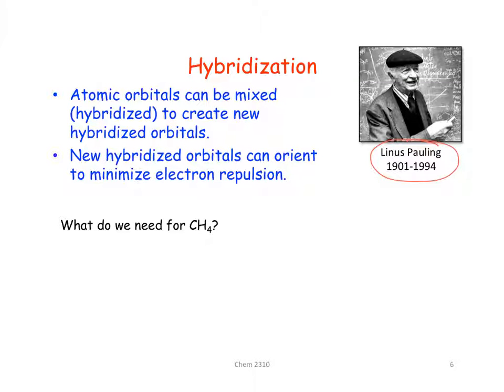I was lucky enough to see him give seminars 2 times when I was in graduate school. When he won the Nobel Prize, it was based upon a series of lectures called the Baker Lectures, and he gave this series of lectures called The Nature of the Chemical Bond.